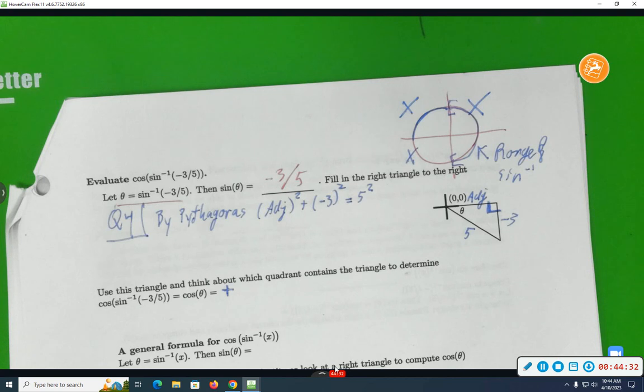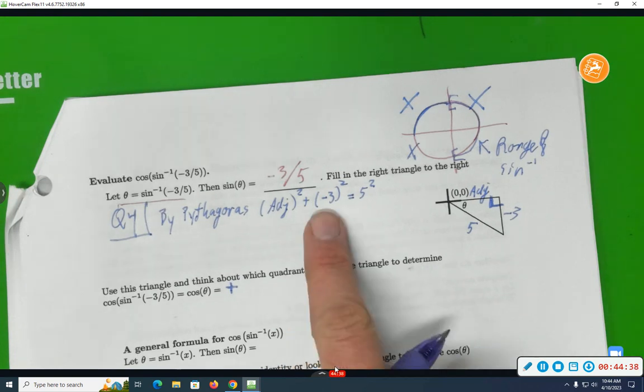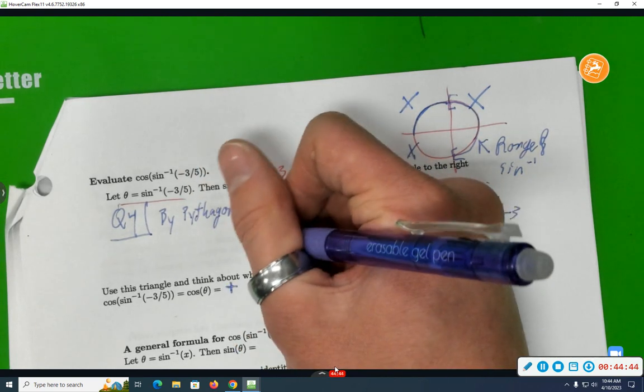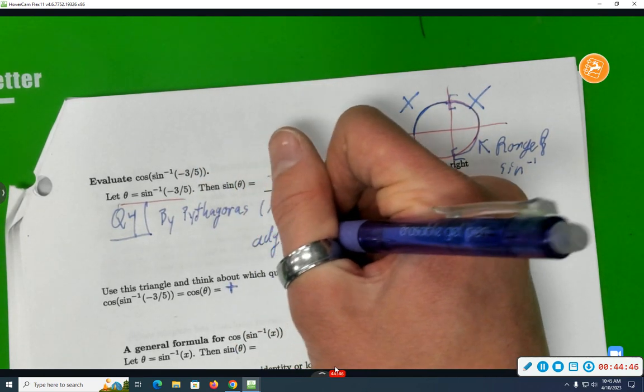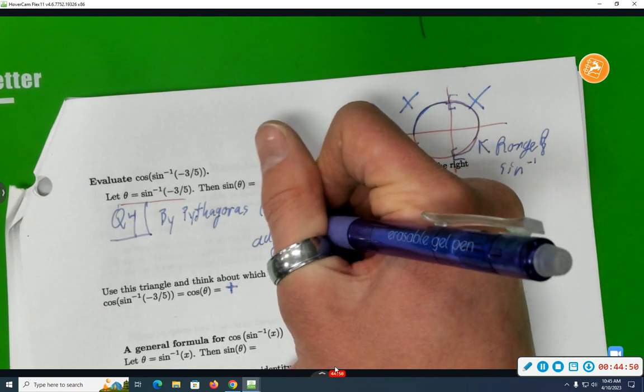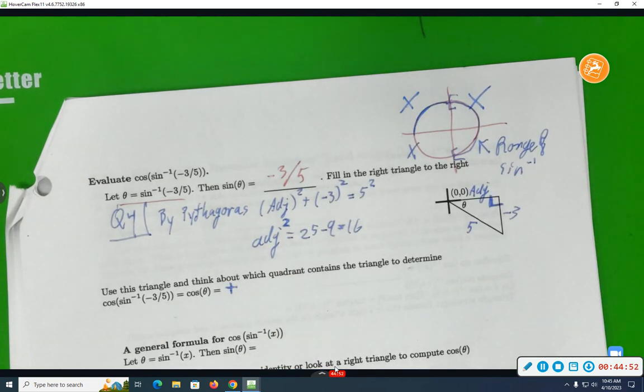I bet so. Right, 5 squared is 25. Negative 3 squared, or just 3 squared, is 9. So subtract that 9 to the other side. Still squared, though. So adjacent squared is 16, so how long is the adjacent side length?